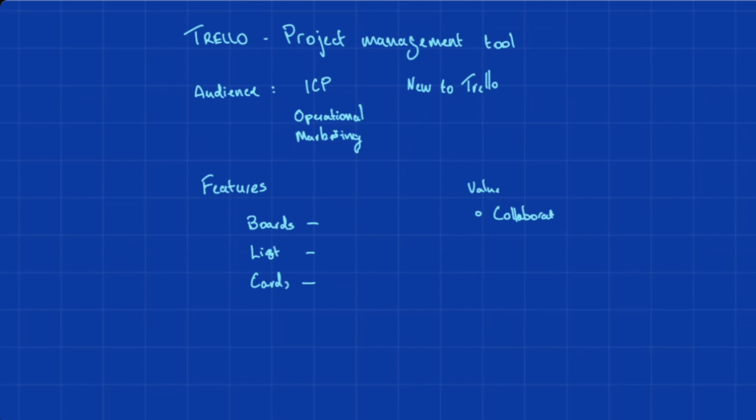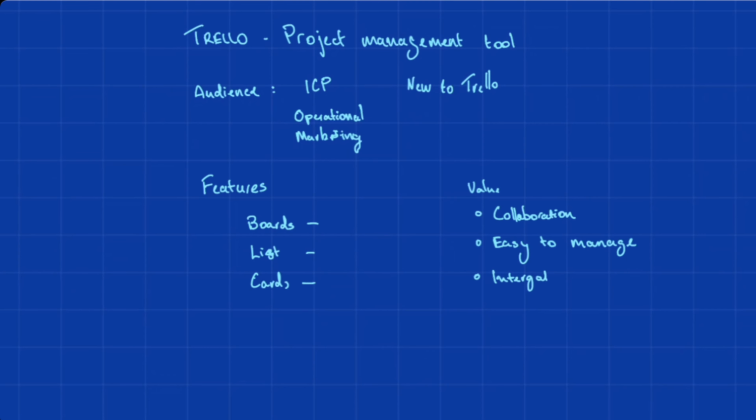The other thing that I would say that's important for Trello is that it's easy to manage tasks. And the third thing I think is important is that they are good for integration. So integrate with your existing tools.